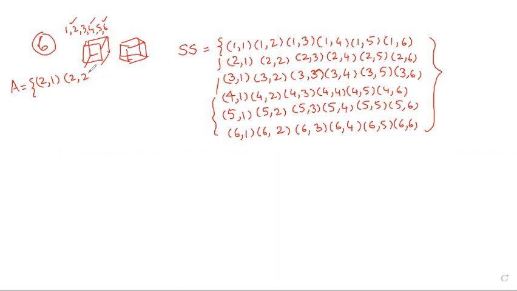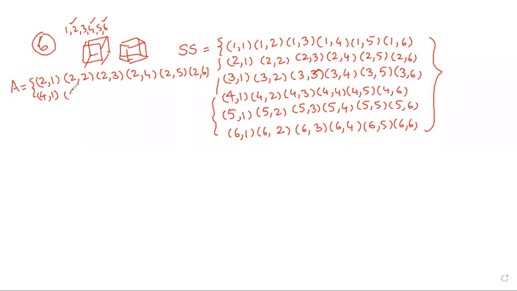What about the second die? No need, the second die can be any number, even or odd, no objection. Next, another even number on the first die: 4 comma 1.